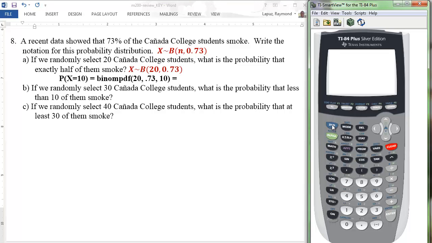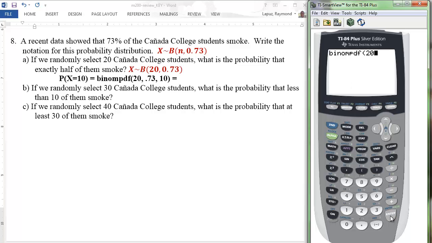The binom PDF can be found if you hit second function and vars. That's the DISTR, that's distribution. And there's a handful that we're going to be using in the future, but for now we'll look for binom PDF. Notice one right below is CDF. That's going to be important for our next part, but for now it's going to be PDF for exactly 10.